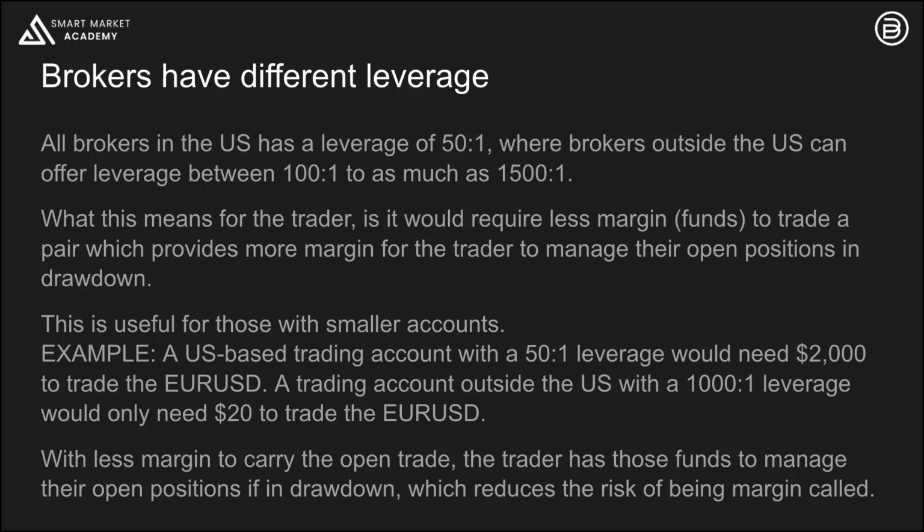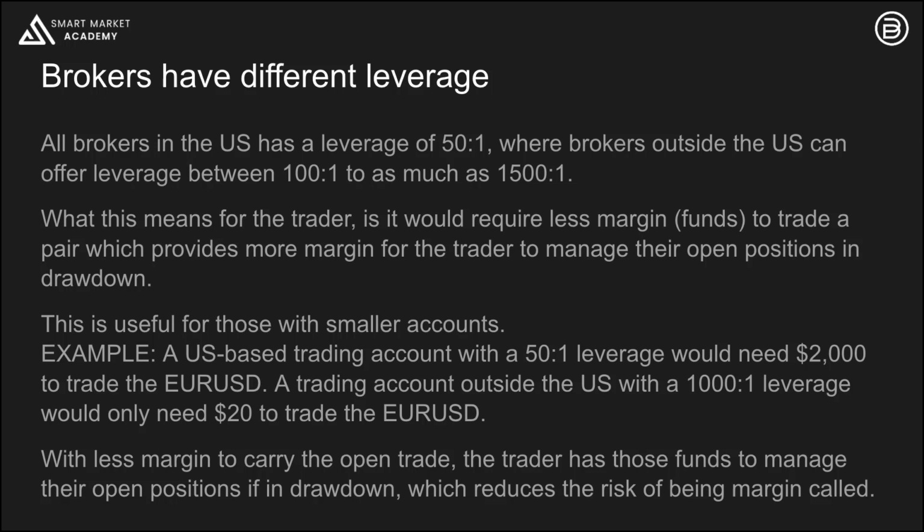Now, as an example, and this might be useful for those with smaller trading accounts: a US-based trading account has a 50 to 1 leverage, which needs about, let's say, $2,000 to trade the Euro US dollar. A trading account outside the US with, let's say, a leverage of 1,000 to 1 would only need about $20 to trade the Euro US dollar.